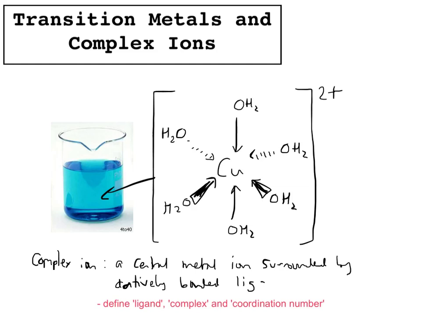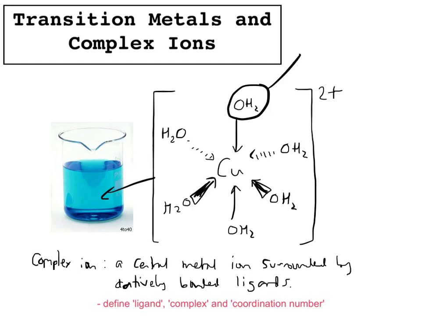Now I've just used the word ligand there, so we need to explain what that is. The ligands here are the water molecules. A ligand is basically a molecule or an ion that will donate a pair of electrons to the central metal ion, forming a dative bond with it.